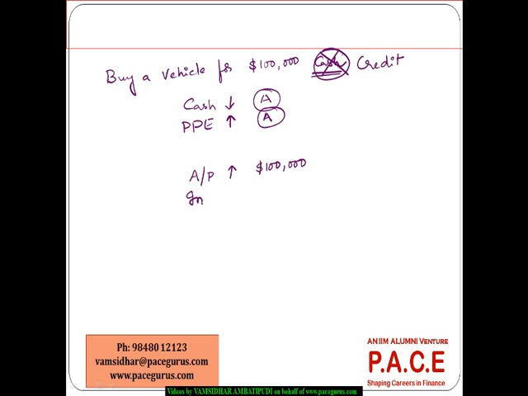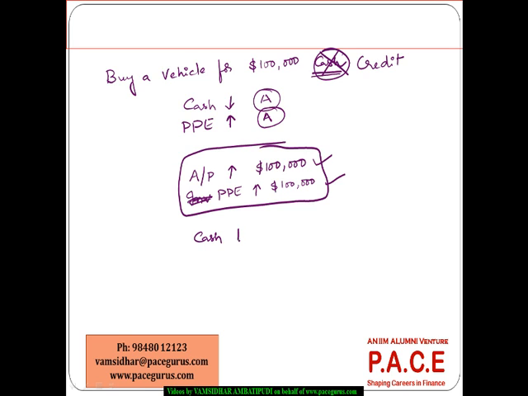But because I have got the vehicle, my vehicle, which is property, plant and equipment, is increased by 100,000 bucks. So my asset is increased by 100,000 and my liability is increased by 100,000. That is the double entry. Until I pay, this is the accounting entry. But the day on which I pay, my cash will go down and the same accounts payable will go down. Now it's no more a payable.